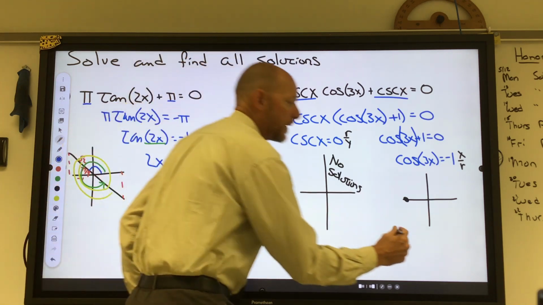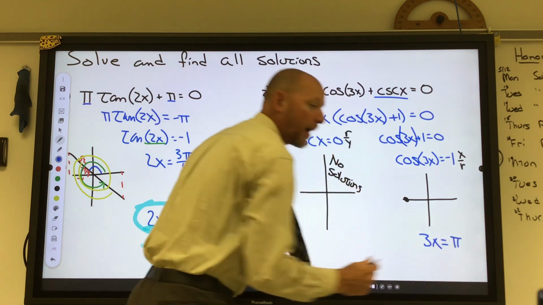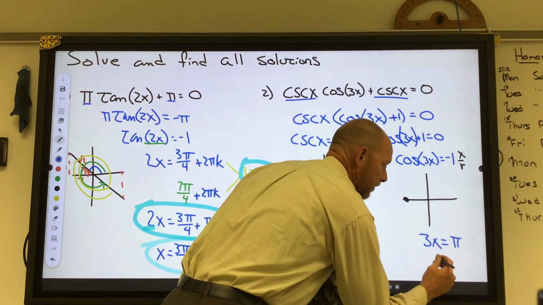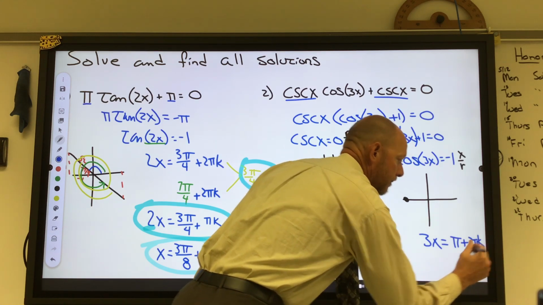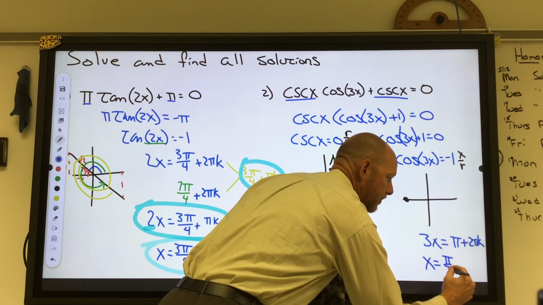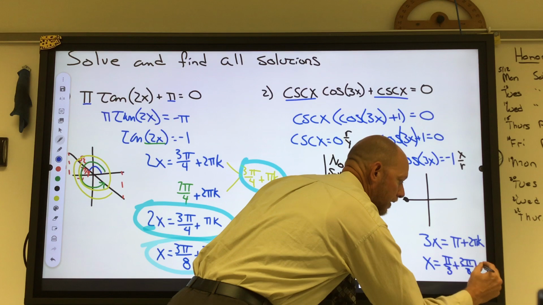So now we get 3x equals pi. But this is a little bit nicer in this case. We're going to divide both sides by 3, oops, don't forget, plus 2 pi k. And then we get x equals pi over 3 plus 2 pi over 3 k.